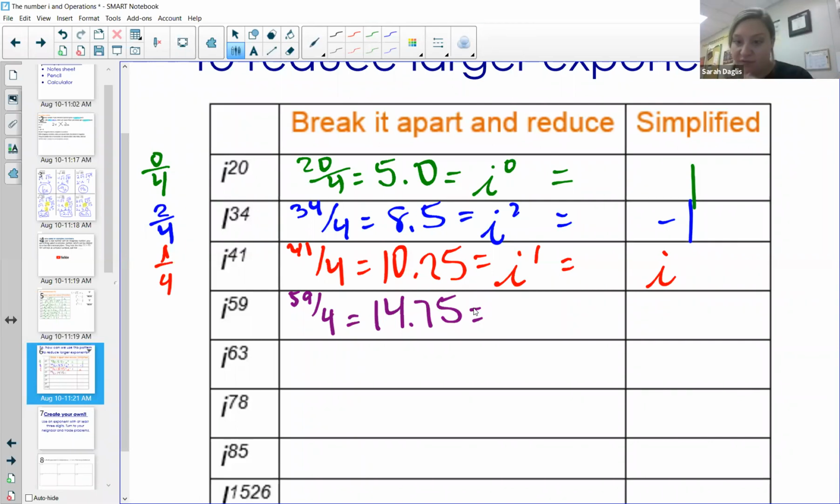Well, 0.75 is going to be 3 over 4, right? Do we agree that's the same thing? So that means that i to the power of 59 is the same thing as i to the power of 3. And then from my chart from before, we know that's going to be negative i.